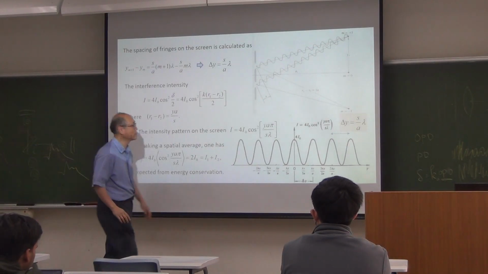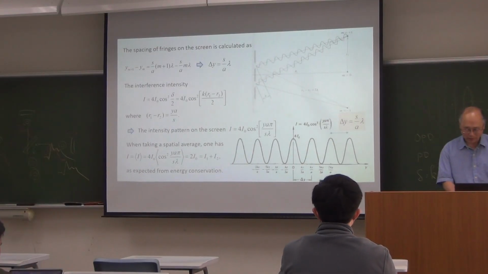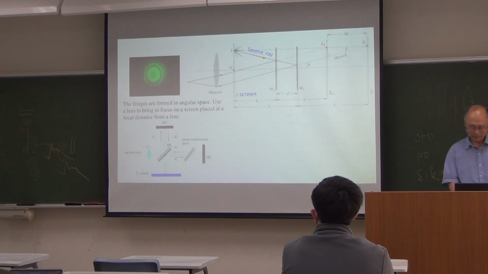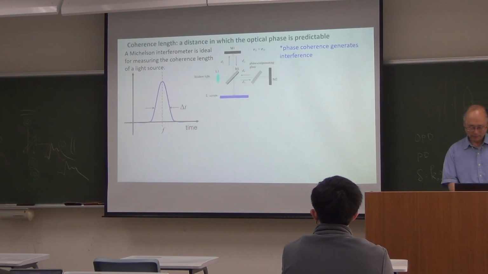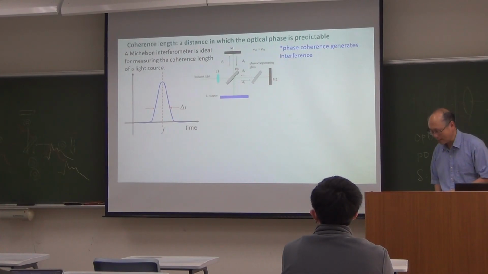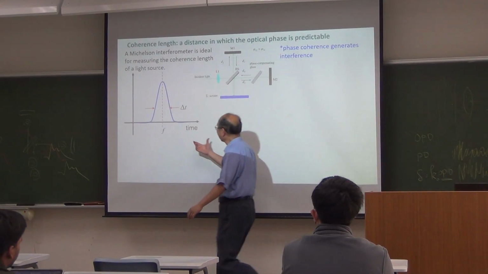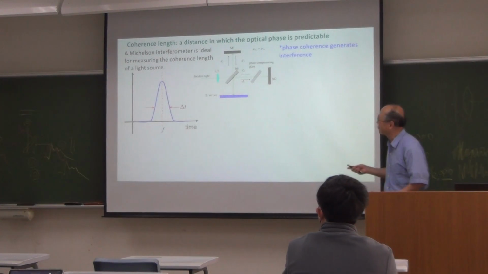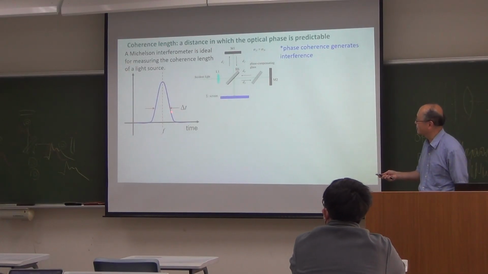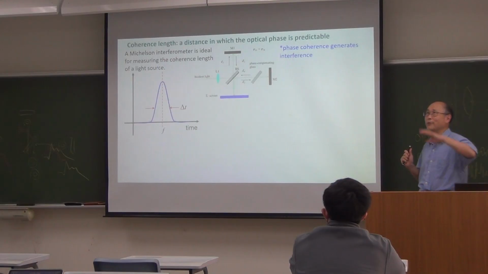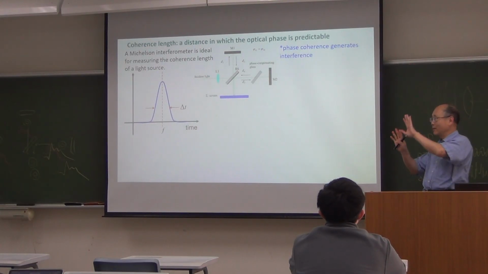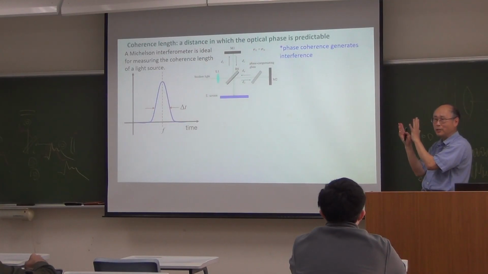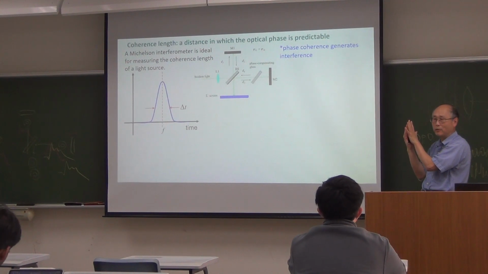All right. So let's use a microscope interferometer to measure the coherent length of a light source. Suppose that I have a light source where the phase within this time is predictable. For this light, you see it's a continuous wave, but the phase could be predictable only within a very small fraction of time.